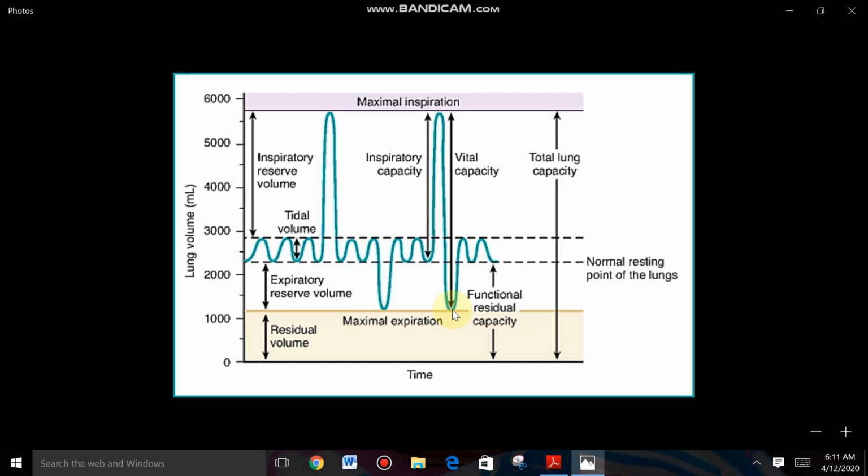From here to here a person can inhale. Why? Because this is the expiratory reserve volume and this is TV, the tidal volume by normal inspiration, and this is IRV, the additional volume of air by forcible inspiration.